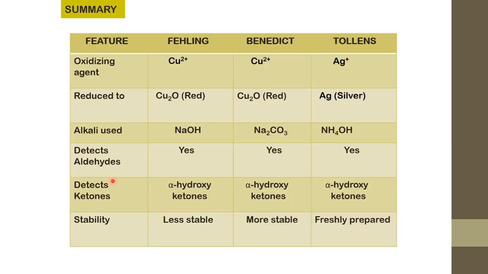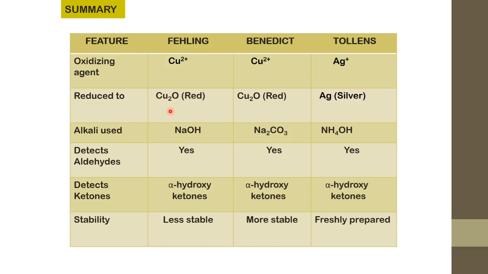So this is the summary for all these three tests. In the case of Fehling and Benedict, we are using copper as the oxidizing agent, and in Tollens we are using silver ion as the oxidizing agent. In Fehling and Benedict, the copper ion is reduced to copper oxide, and here it is reduced to metallic silver.